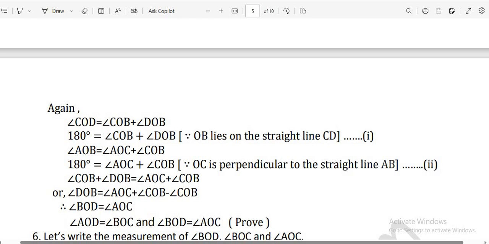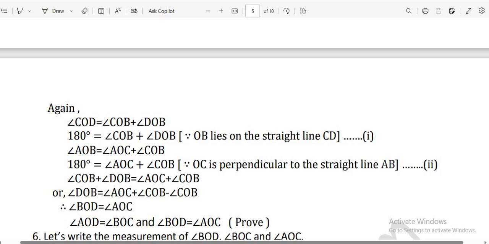Equations 1 and 2 are compared. Angle COB plus angle DOB is equal to angle AOC plus angle COB. Now angle DOB is equal to angle AOC plus angle COB minus angle COB. Angle COB minus angle COB subtracts to 0.